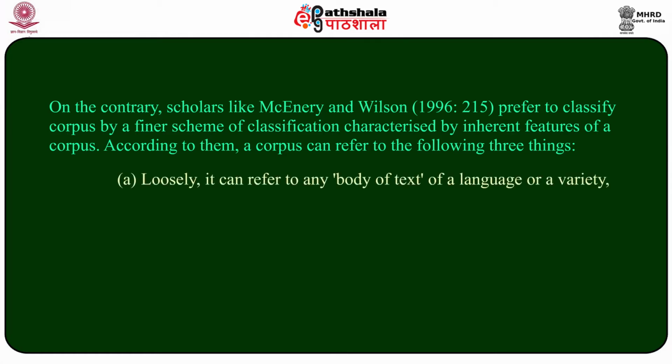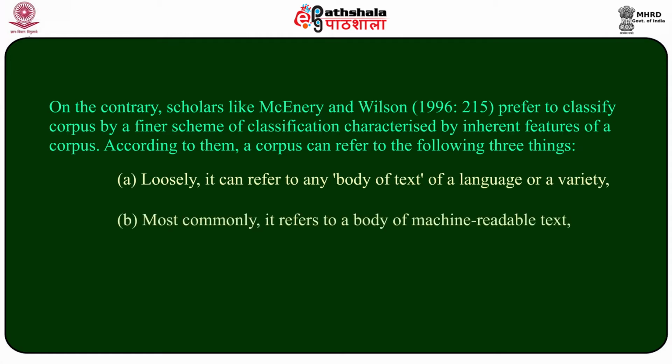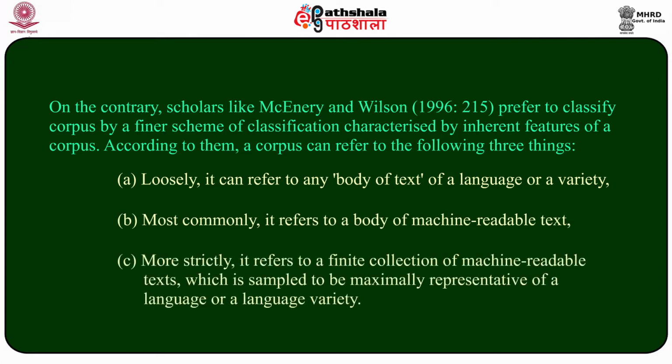They are mostly interested in not putting the term in a one-dimensional way. Rather, they find corpus to be polysemous in sense because it may have different connotations in different texts and different situations. According to them, loosely, it can refer to any body of text of a language or a variety that is under study.